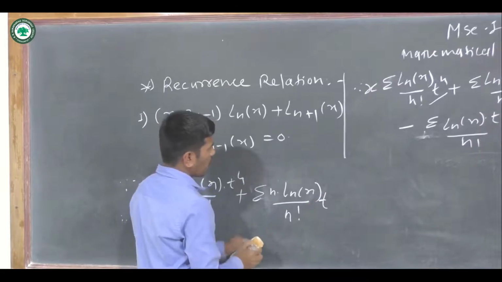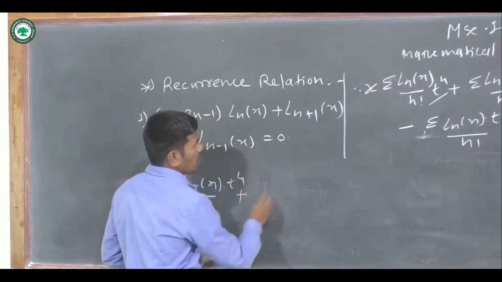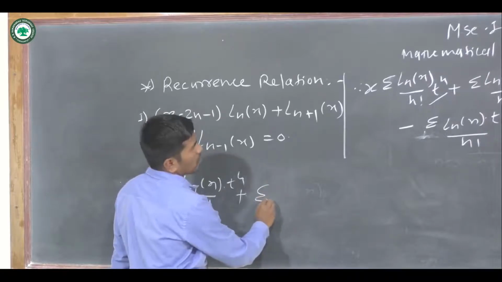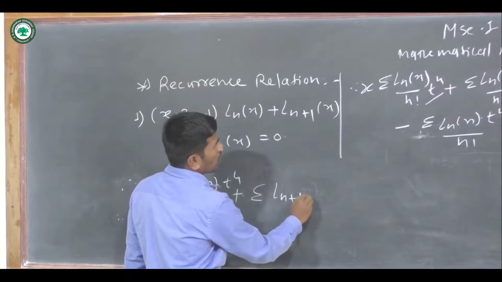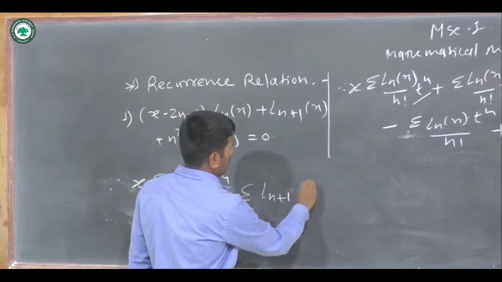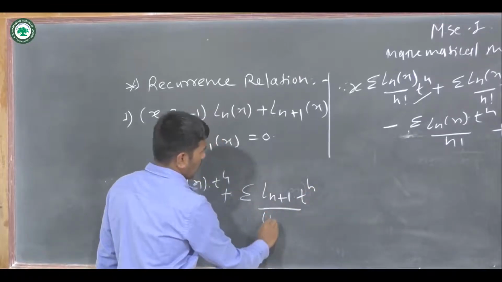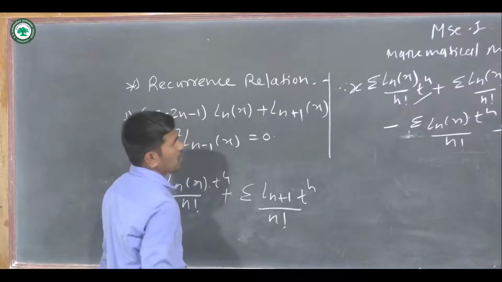Here I am going to put n is equal to n plus 1, so it is the summation of L_(n+1) into t^n, and here it is n factorial.